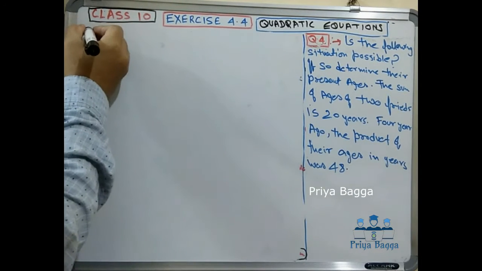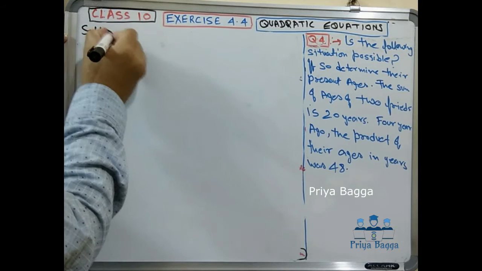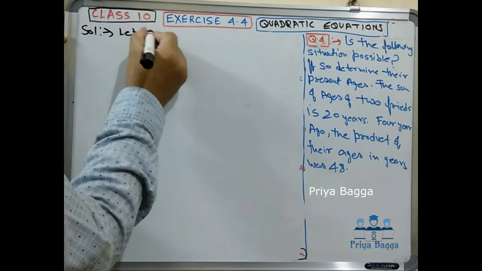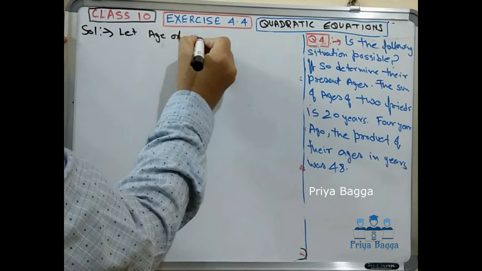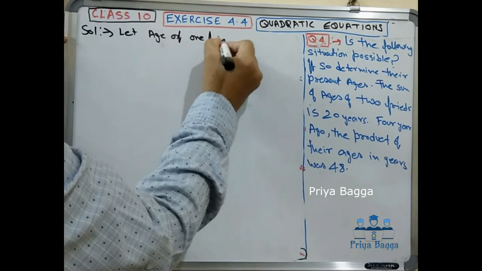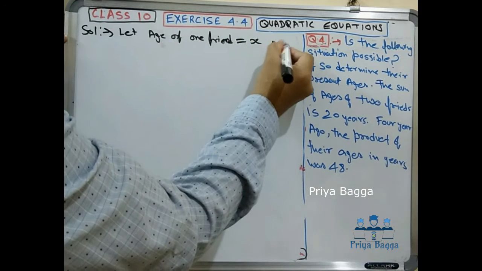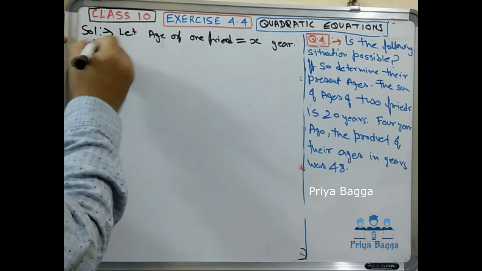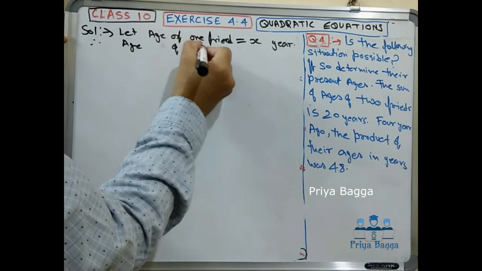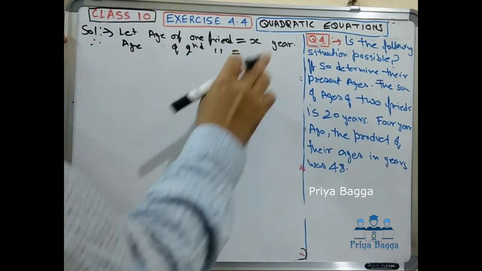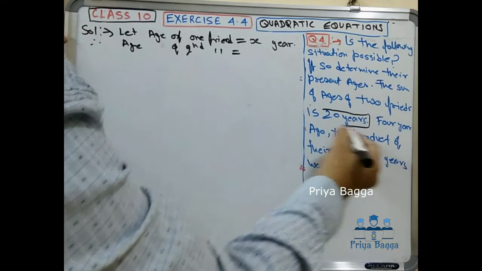So we will assume that the age of one friend is x, in years. Therefore, the age of the second friend is equal to, see, they have given that their sum is 20 years.